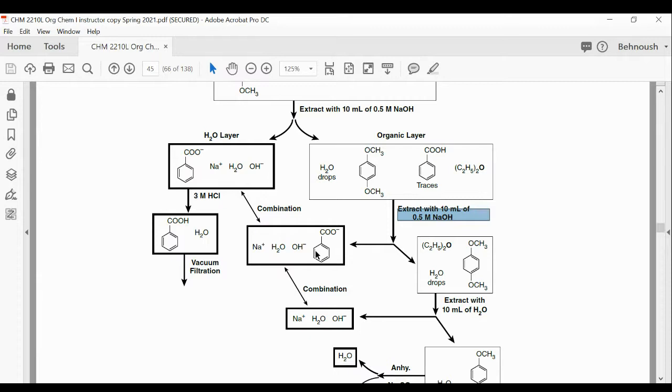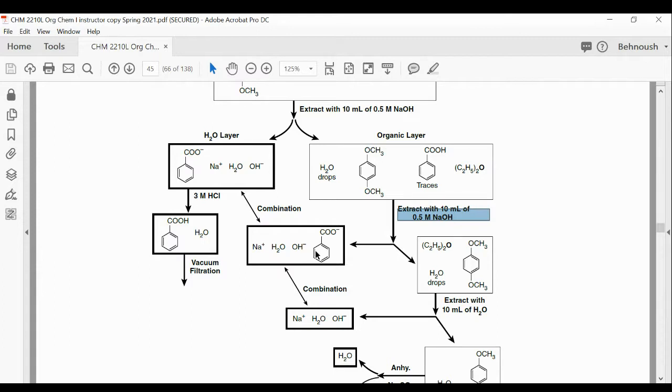Let's say the example is that the compound is going to be 90% soluble in the sodium hydroxide. So when you add the sodium hydroxide, you're going to extract 90% of that only. The other 10% is going to stay in the organic layer as a trace amount.